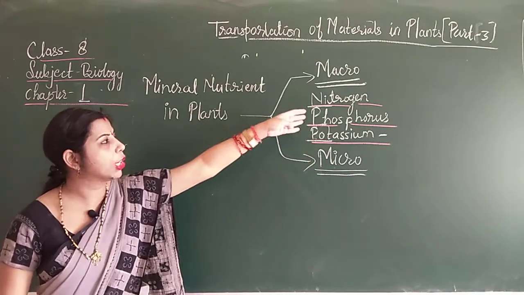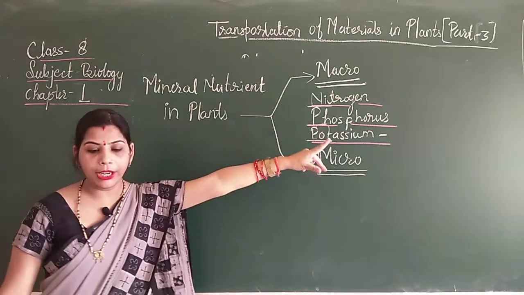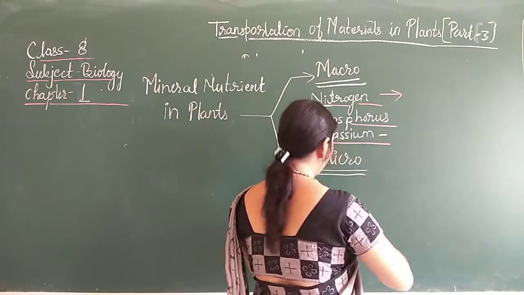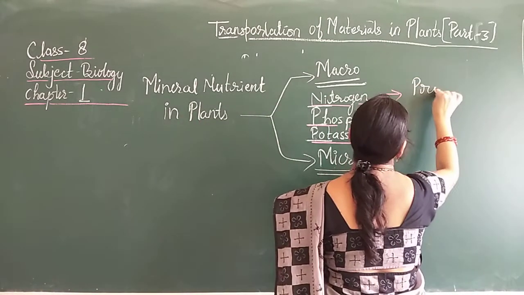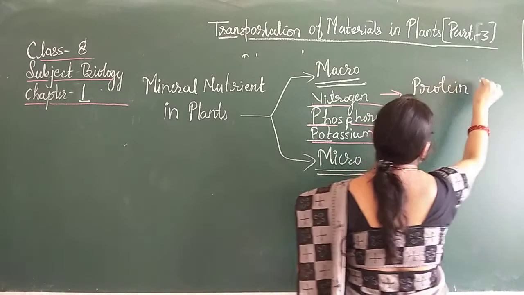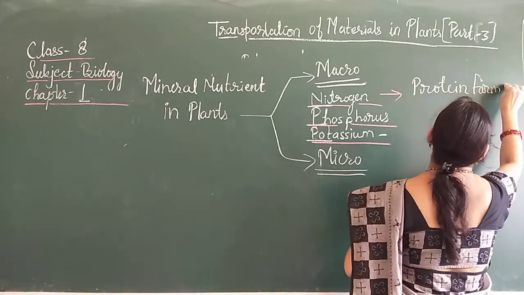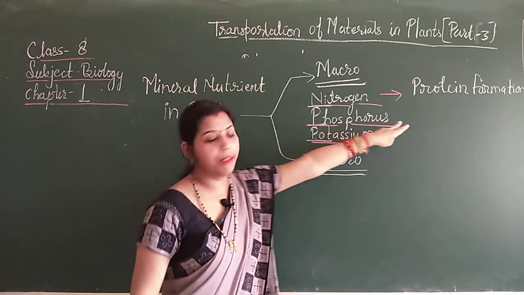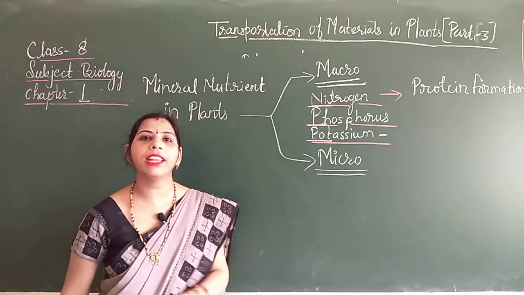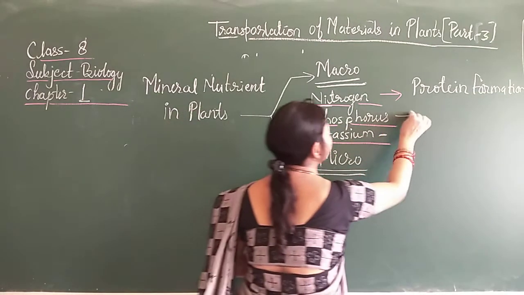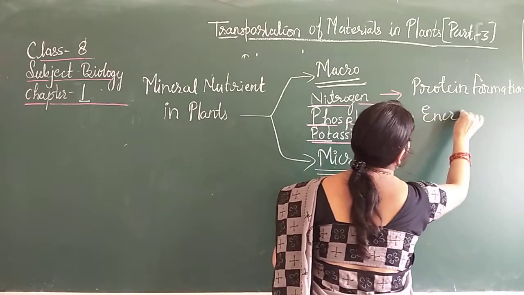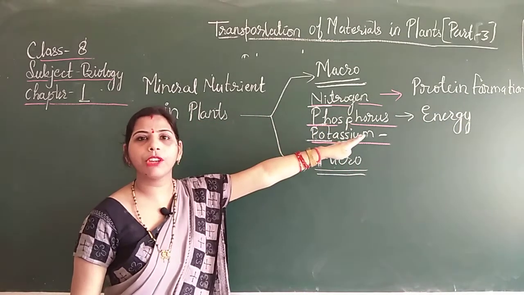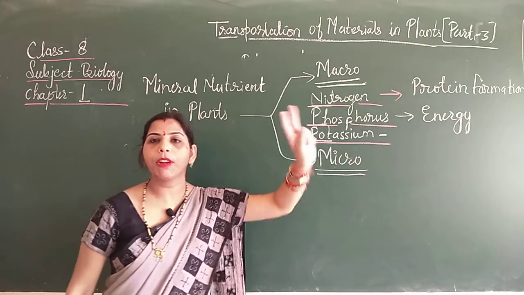And why are these required in huge quantity? Because nitrogen helps in protein formation. That's why it is necessary. Now if you see phosphorus, it is also very necessary because it provides energy. And we require energy to perform work, in the same way plants also require energy to perform work.